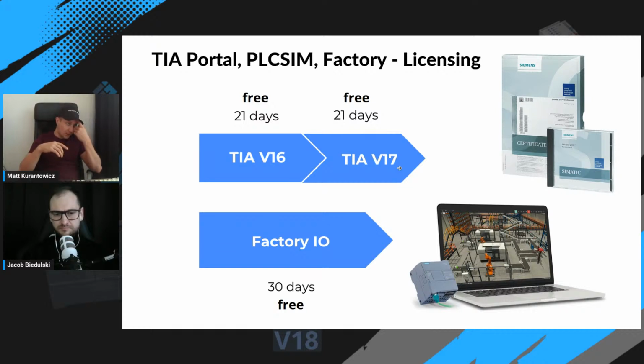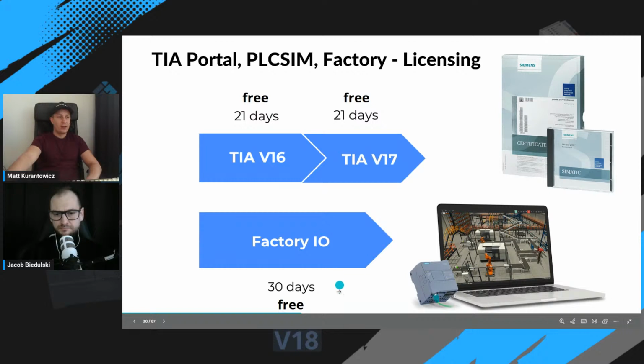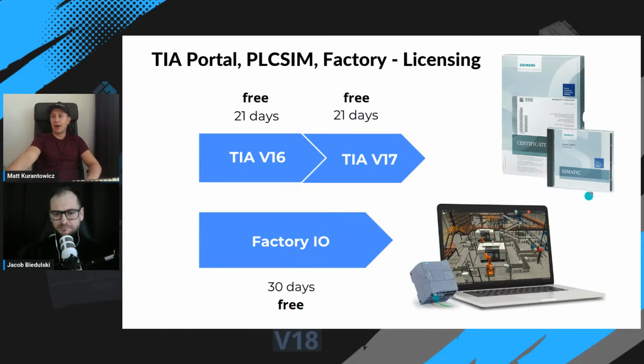So in summary, you have about 100 days for free. It is enough to learn PLC programming with us. Another software, and here we find a free license. It is a 30 days license for free. You can test your scenes in the virtual factory and write programs for them.